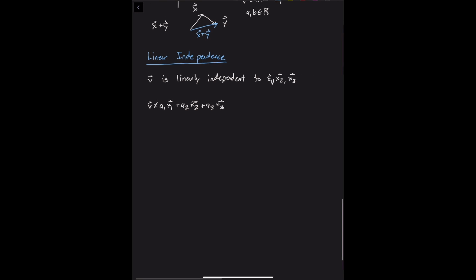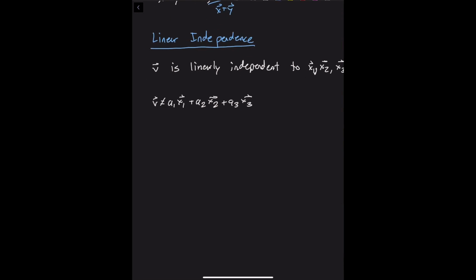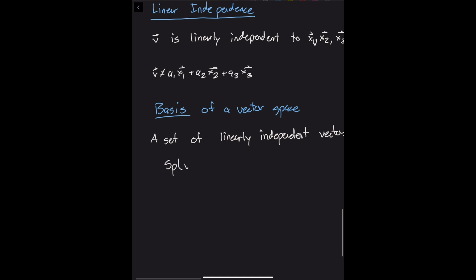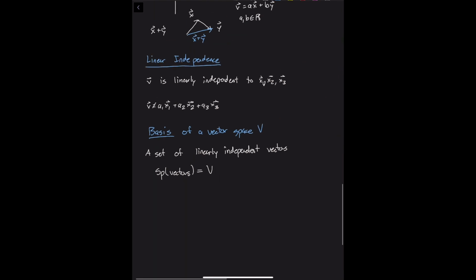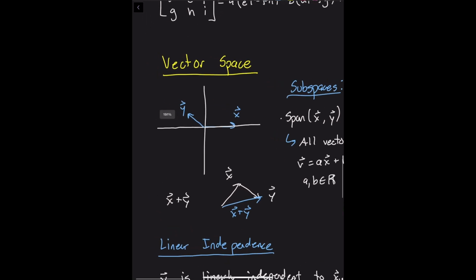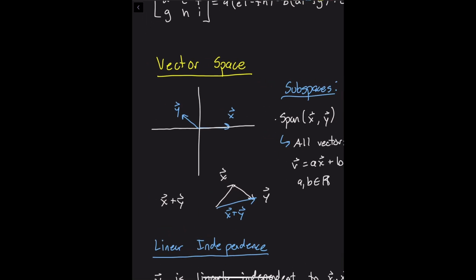And what's important is that a basis of a vector space is a set of linearly independent vectors where the span of those vectors equals the vector space, if this is our vector space B. As I talked about earlier, the span means that if I add x and y in certain multiples of each other, then it'll cover all of this space, right?